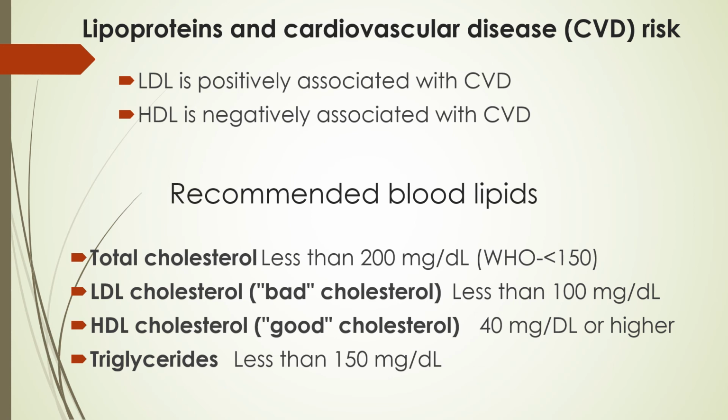Low density lipoprotein cholesterol, denoted as the bad cholesterol, less than 100 mg per deciliter. The high density lipoprotein cholesterol, or the good cholesterol, is about 40 mg per deciliter or higher, and triglycerides less than 150 mg per deciliter.